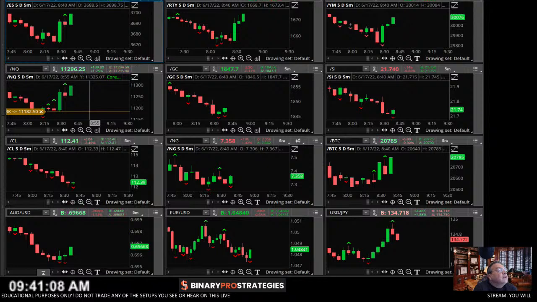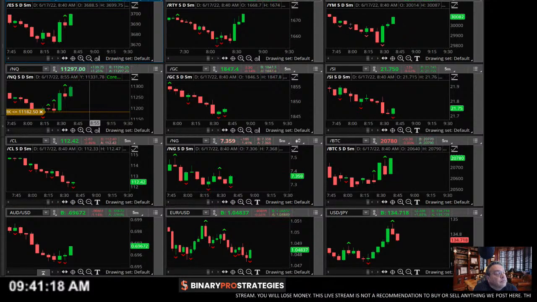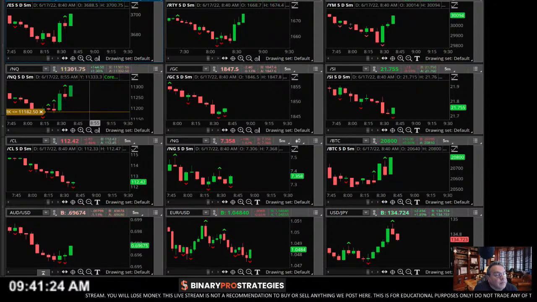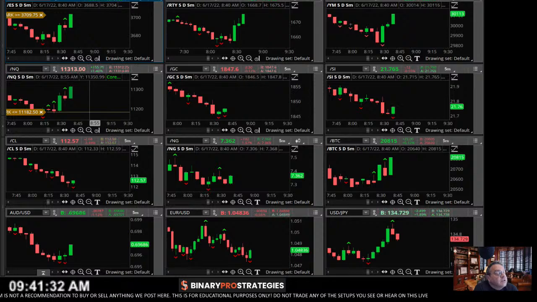Target on that E-mini S&P is going to bring us up to 3709.75. And it will reverse if we don't hit that target at 3672.